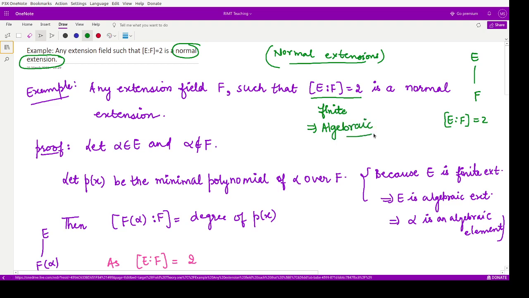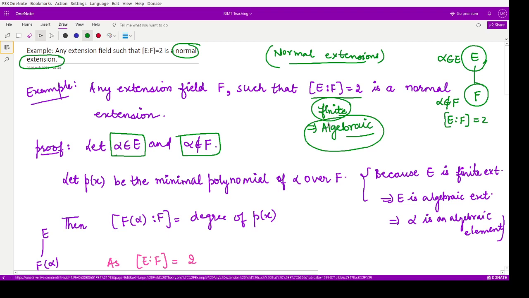So we assume some element alpha which is present in E, but this alpha is not present in F. Because E is the larger set, it may contain some elements which are not present in F. Now because it is a finite extension, it is also an algebraic extension.